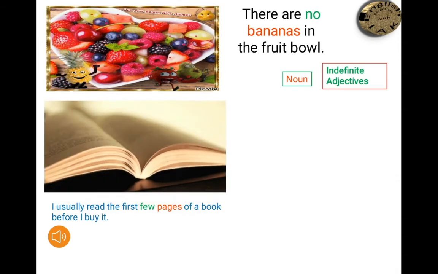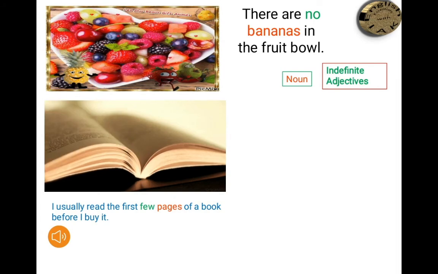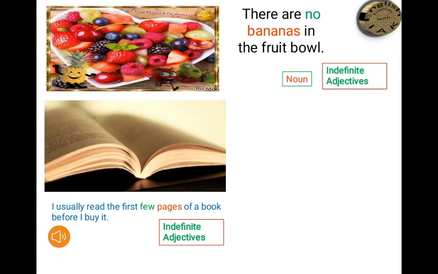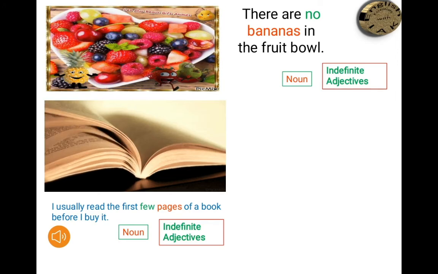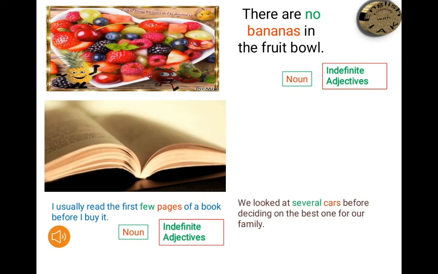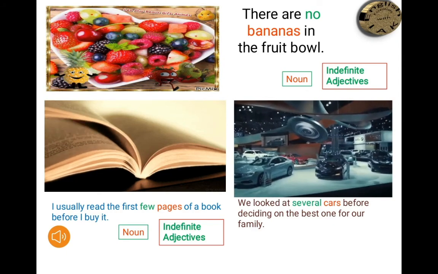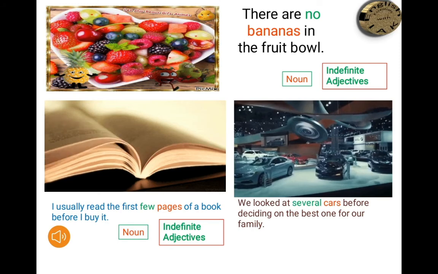So, again, we have few written in green color, showing that it is an indefinite adjective, and pages written in orange color shows that it's a noun. Then we move on to the third example, that is, we looked at several cars before deciding on the best one for our family. So here is the indefinite adjective, several, and the noun, cars.